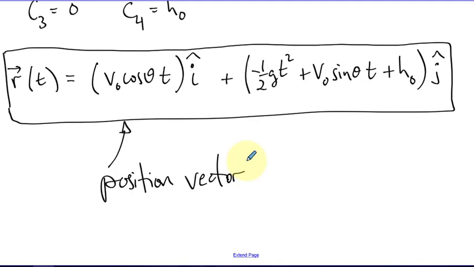This can be a good approximation for the position of something, a baseball maybe that you throw, not too far off if we don't include air resistance. At least it's a good start for understanding motion when you include air resistance.